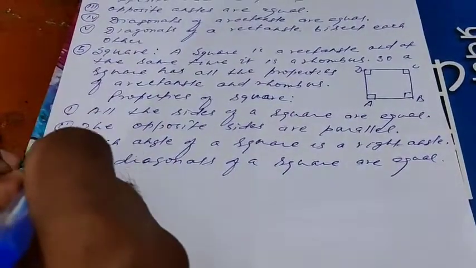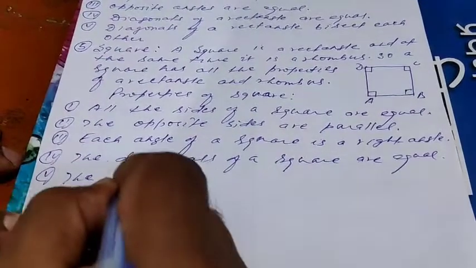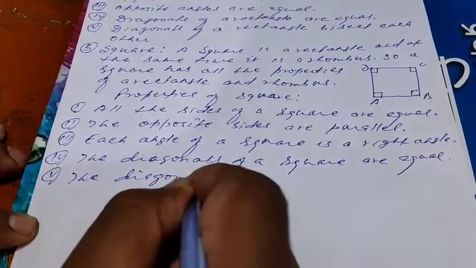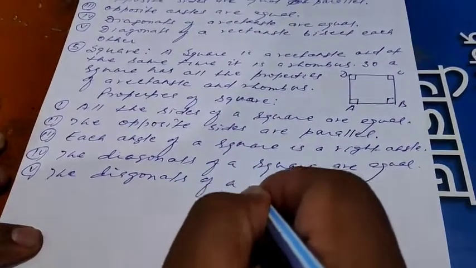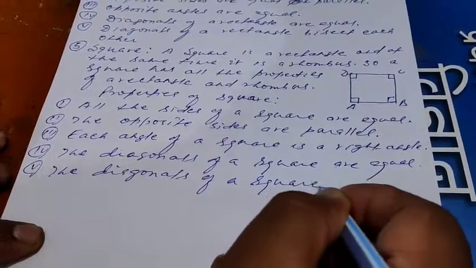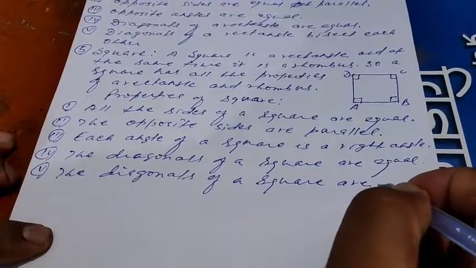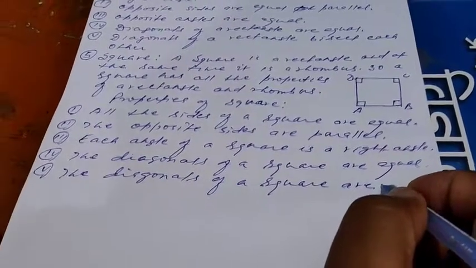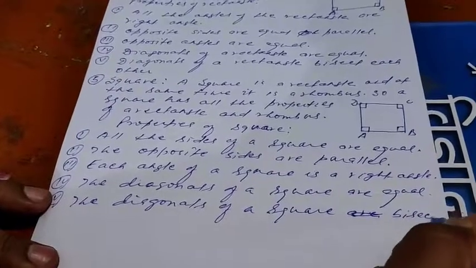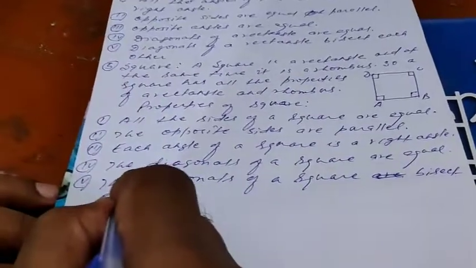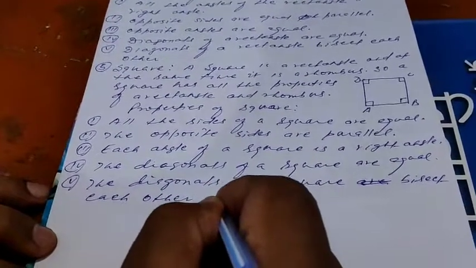And fifth and last, the diagonals of a square bisect each other at right angles.